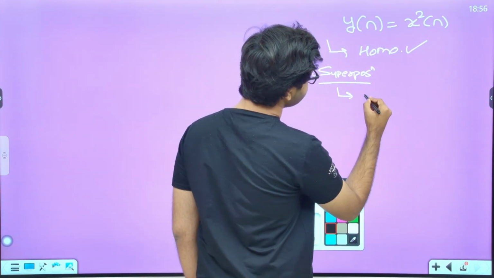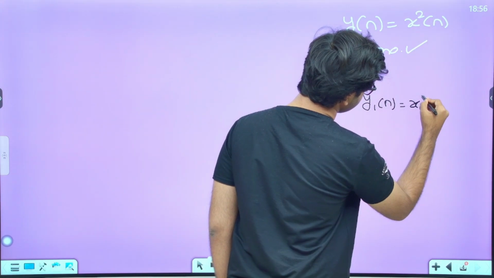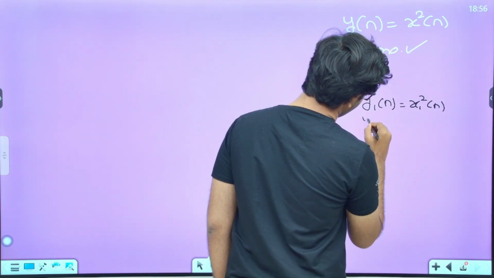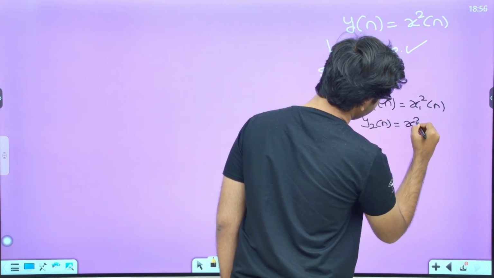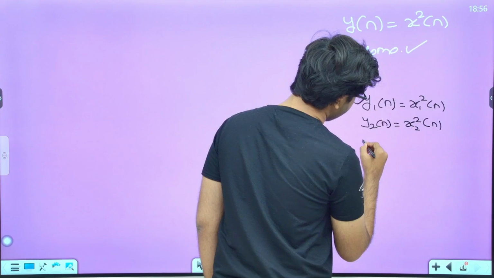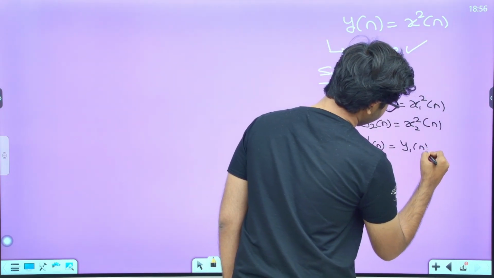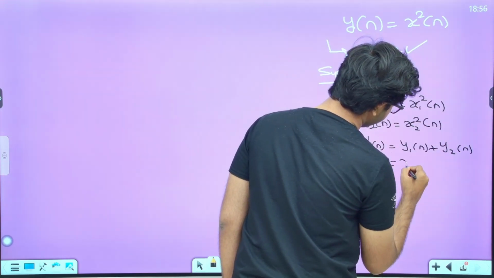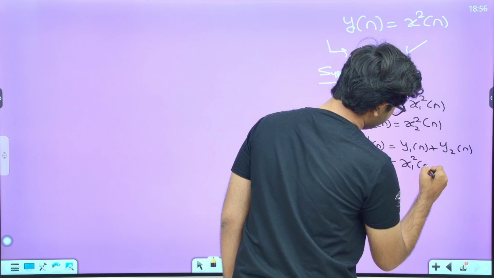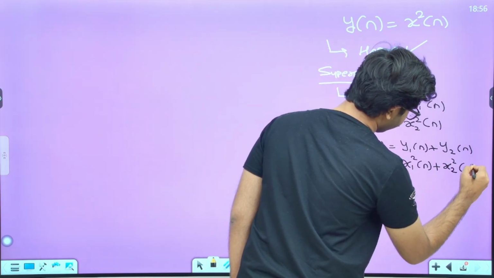The first part: let's again split, y1 of n is equal to x1 square of n, and y2 of n is equal to x2 square of n. y dash of n will be equal to y1 of n plus y2 of n, which will be equal to x1 square of n plus x2 square of n.